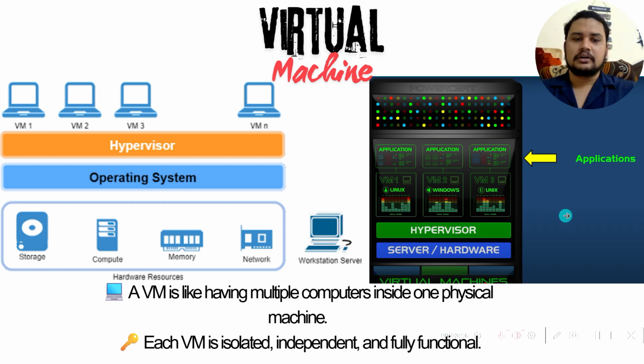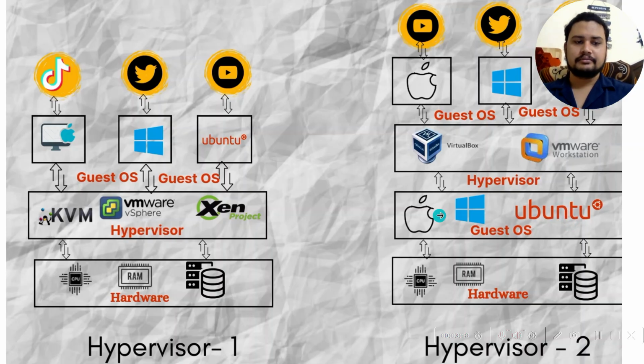Okay, let's go with the hypervisor. There are two types of hypervisor. The type 1 hypervisor runs directly on the physical hardware, with no operating system in between. It talks to the CPU, RAM, and storage directly. Examples: KVM, VMware ESXi, Xen project.